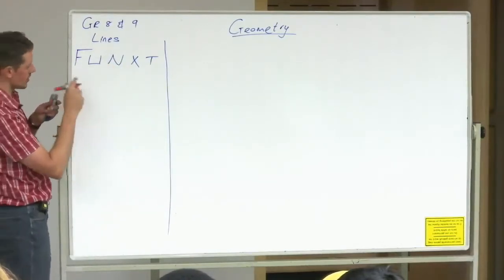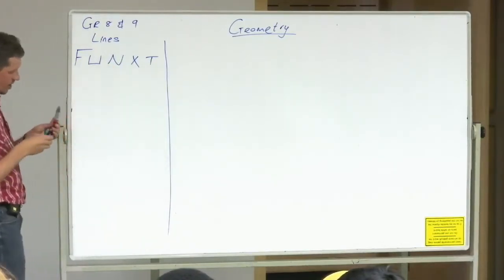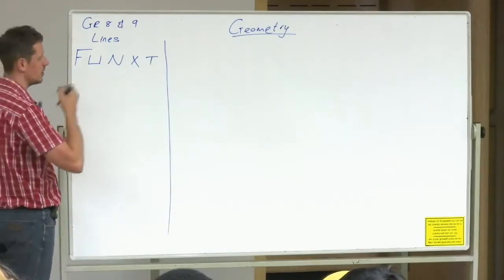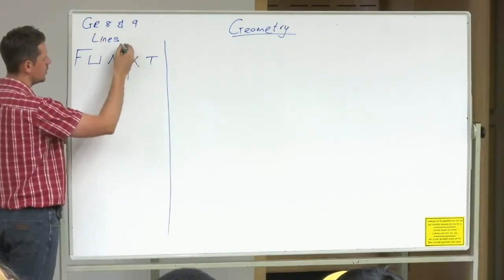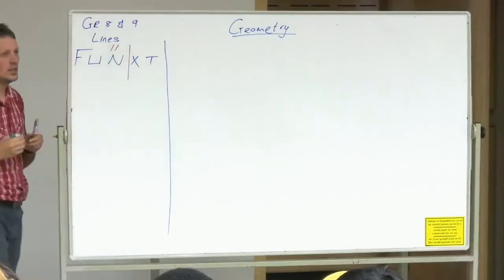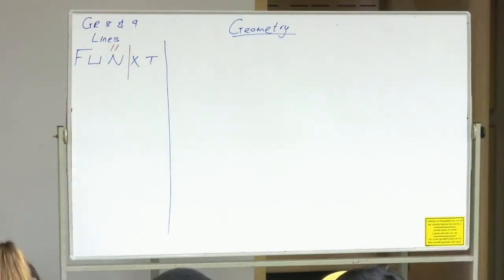Now, ladies and gents, please remember, these have to do with parallel lines. So if you, for instance, say alternate angles, you have to specify which lines are parallel to each other.